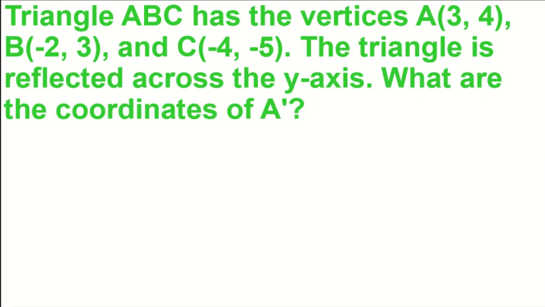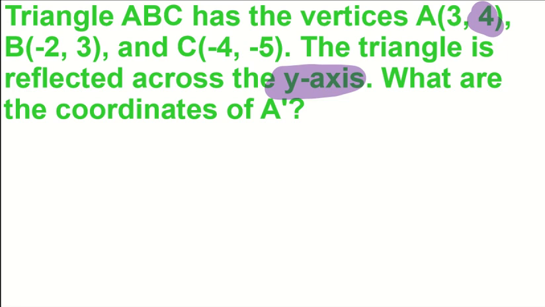All right, so same exact triangle. We need coordinates for A prime. -3, +4. And y'all, that's pretty much how quick a reflection is. You find what axis you reflect over. Whatever axis you reflect over, that letter stays the same.